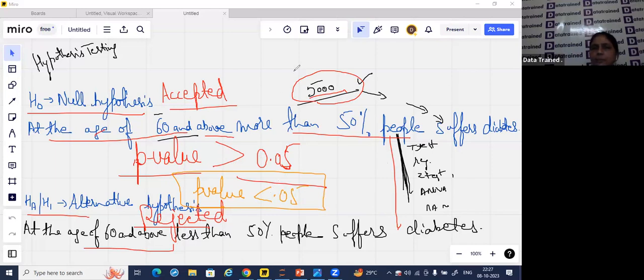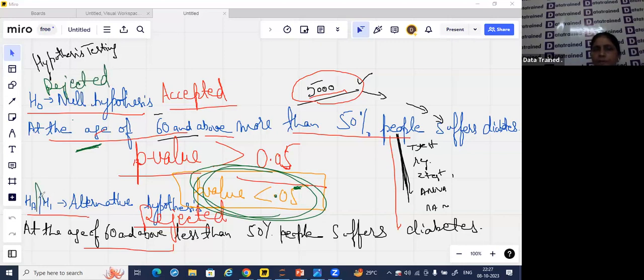Suppose I'm getting a p-value that is less than 0.05. This means that the null hypothesis is rejected and the alternative is accepted. It is a reverse statement.